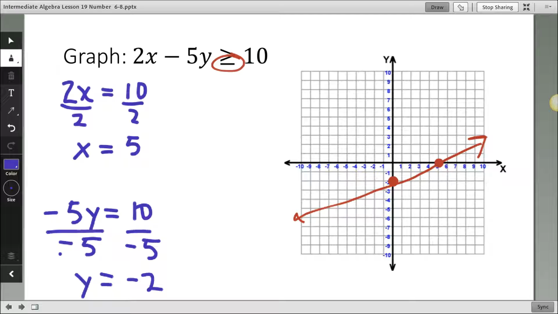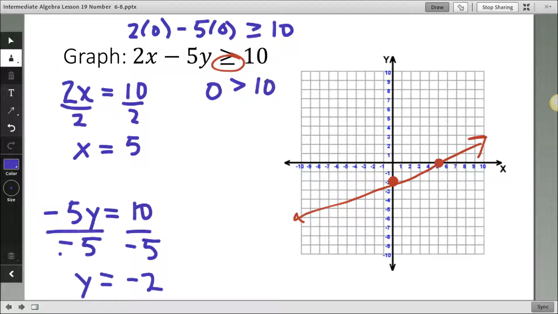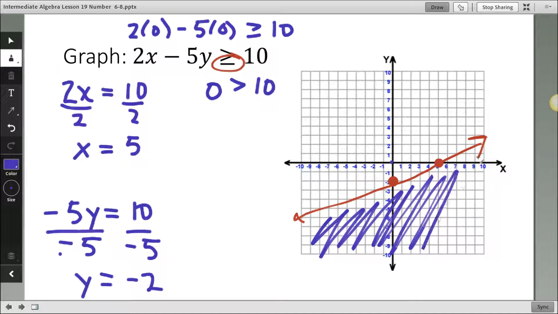So is 2 times 0 minus 5 times 0 greater than or equal to 10? Well, 0 is not greater than 10, so I cannot shade on that upper portion. I have to shade this lower portion. So remember, you only shade where there is a true statement. So again, it's very important on these that you test.